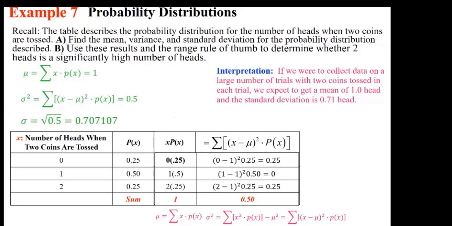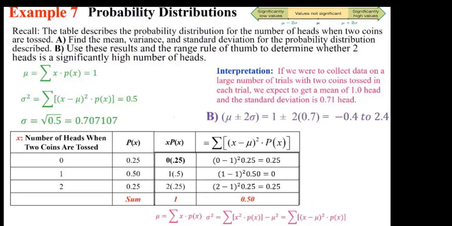And so mu plus minus 2 sigma, that means 1 plus minus 2 times 0.7. According to the range rule of thumb, the numbers are between negative 0.4 to 2.4. So if we use this result, is this significantly high? The answer is no. Why is that?